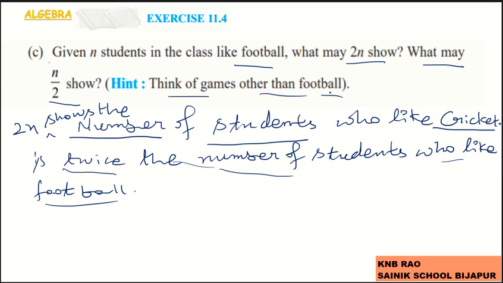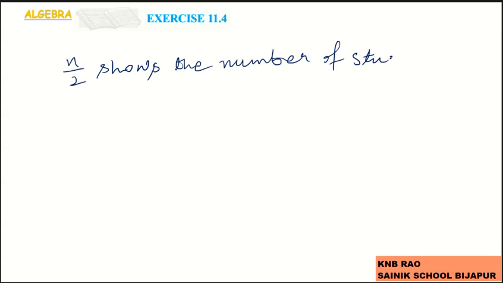Now children, how will you say n by 2? What will you guess? Now I will write n by 2 shows the number of students who like WWF, or that word, some wrestling is there na, that WWF, beating game, or you can say boxing.